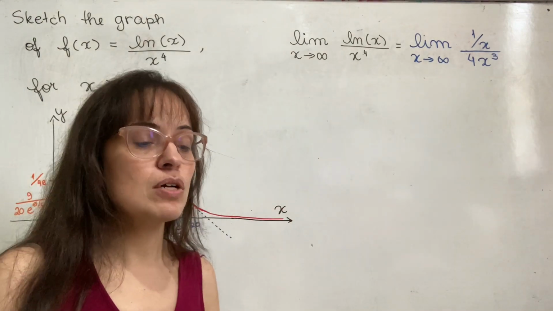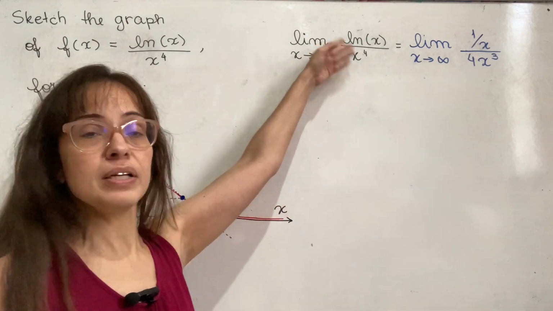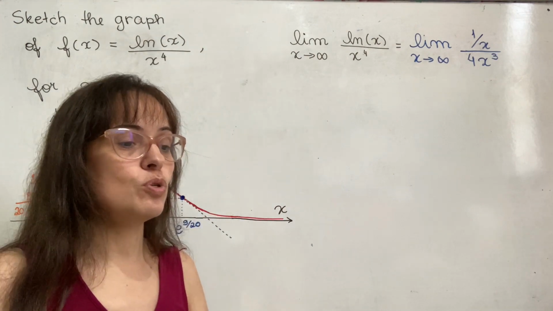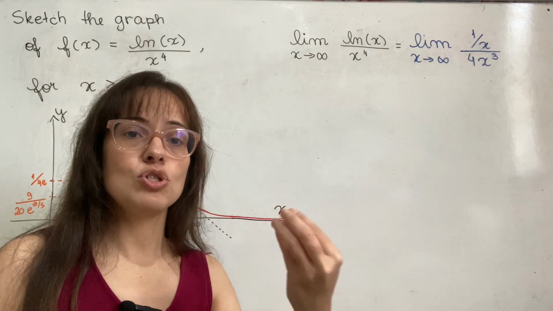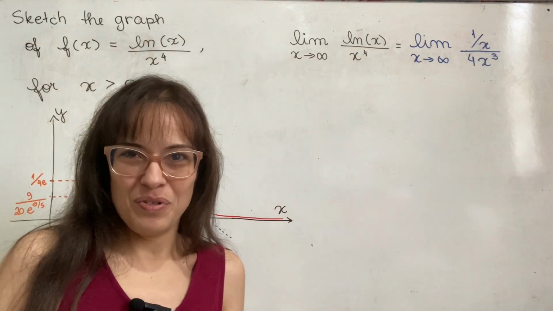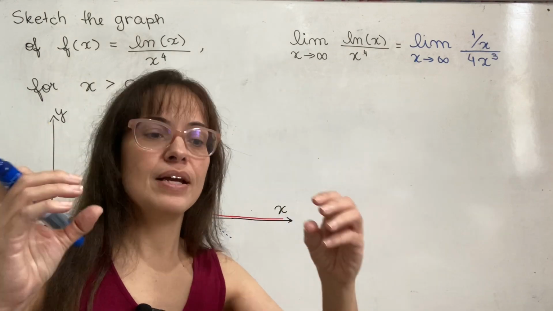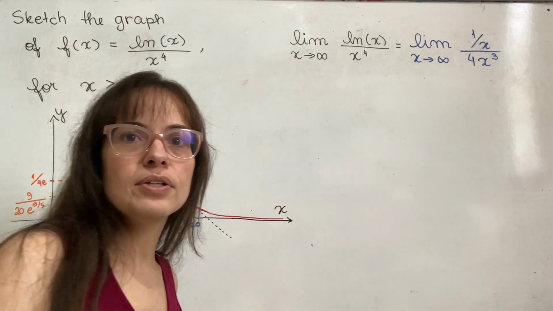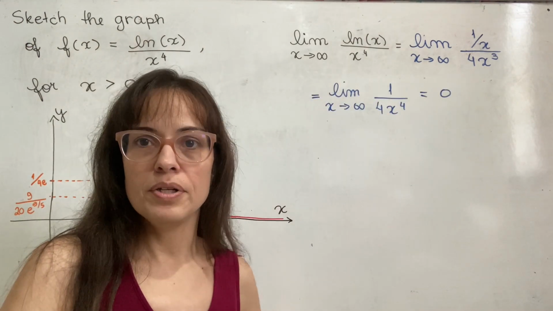And I find myself in a very specific situation, which is if I just plug it in, I will find infinity over infinity, which I then can use L'Hopital's rule, which is also very specific. It's not taking the derivative of the function. It's what I've done here. It's take the derivative of the numerator and the denominator separately. So now let's organize that a little bit. And that limit is very clearly 0, like we wanted it to be.